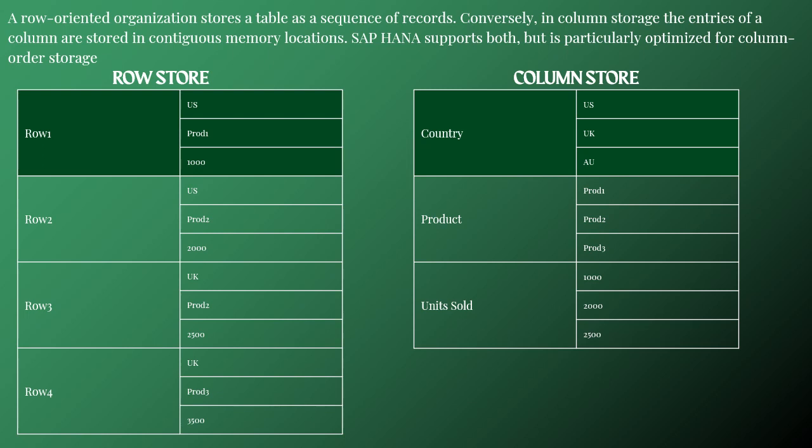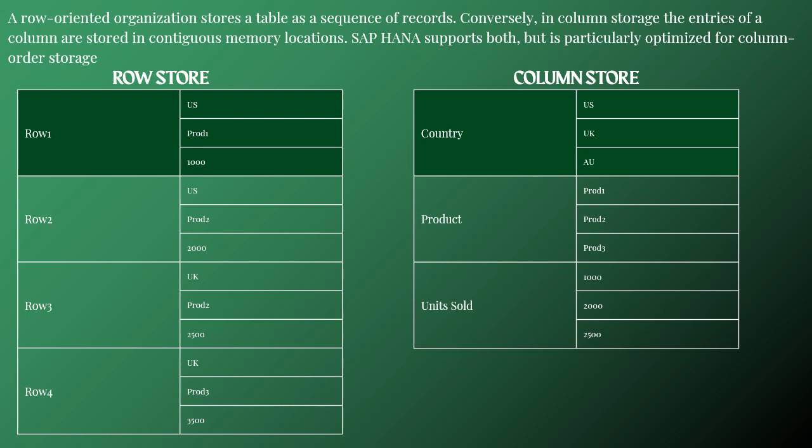As explained in the last slide, this is how a row store database will look, where all the values corresponding to each row will be stored together on the hard disk. So row 1 with the country US, product 1, number of units sold 1000 will be stored together on the hard disk.